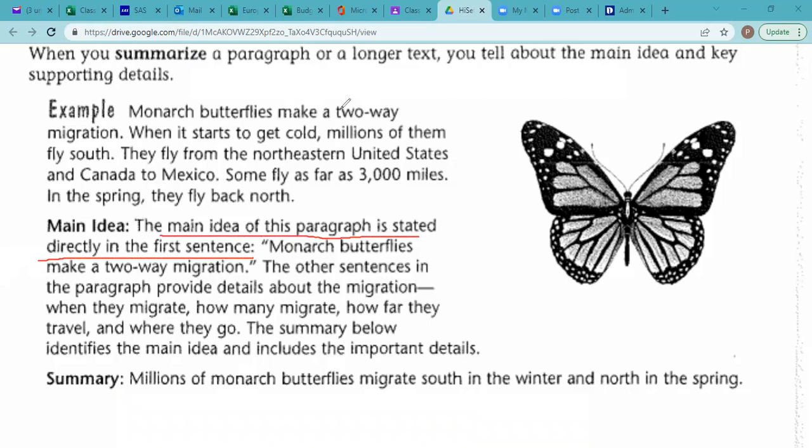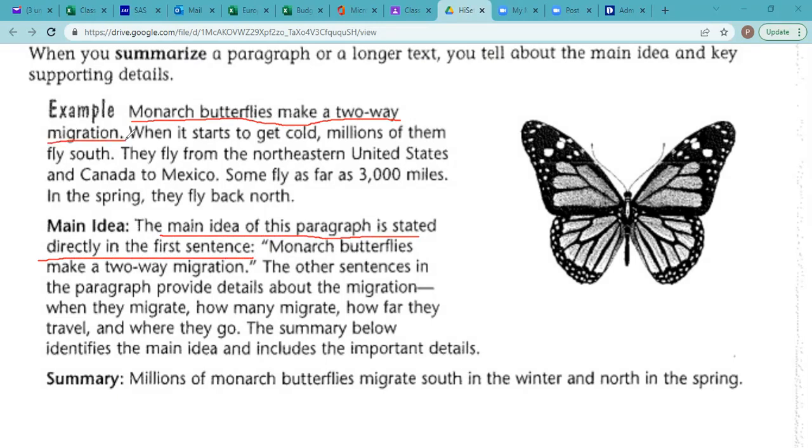I usually say about 70% of the time, it is the first sentence for a stated main idea. So in this particular situation, here is your main idea. Monarch butterflies make a two-way migration.